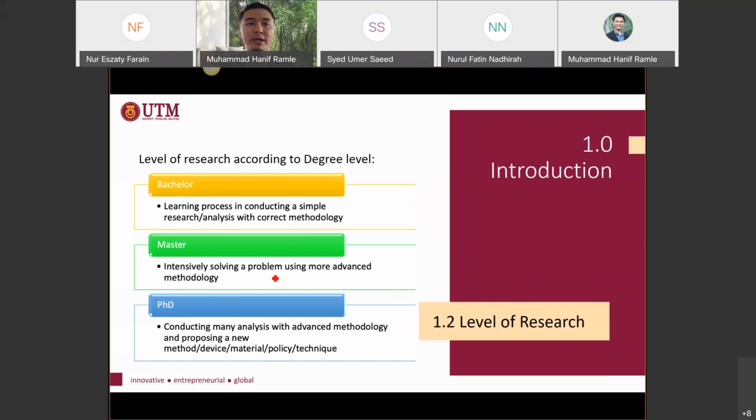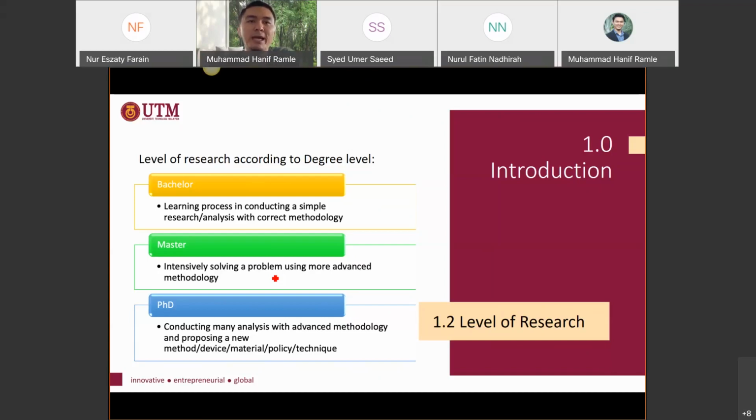For some biomaterial students, maybe the student will propose a new material, like Izati, for example. For biomechanics, maybe the student will propose a new device or new configuration, for example. It depends on the field.